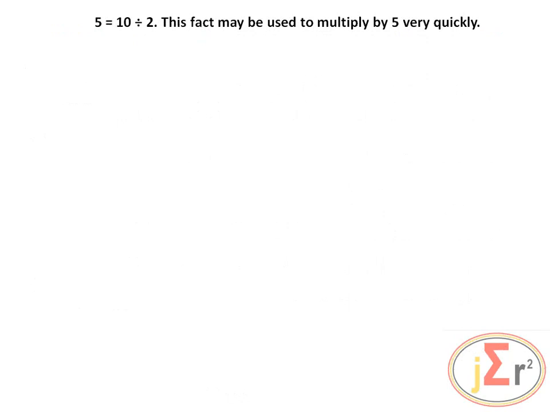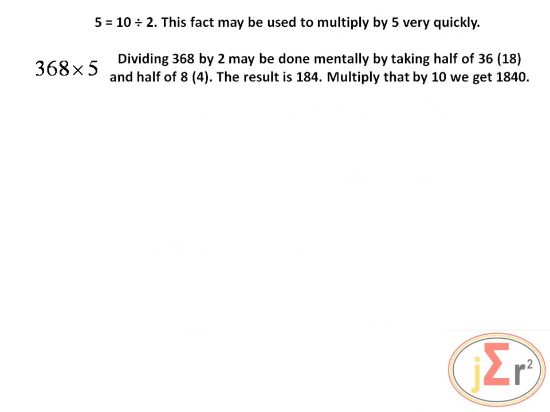This fact may be used in multiplying by 5 very quickly. So we have 368 to be multiplied by 5. Dividing 368 by 2 may be done mentally by taking half of 36, which is 18, and half of 8, which is 4. So 18, 4, 184.